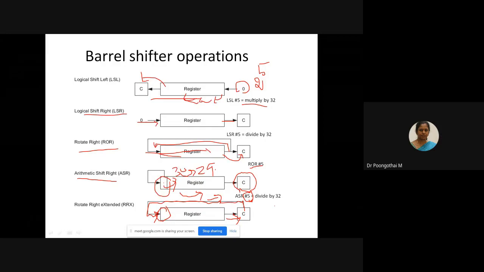So this allows a complete 33-bit rotation using the register and the carry flag. It is encoded as ROR #0. It will perform only a single rotation. Is that clear?